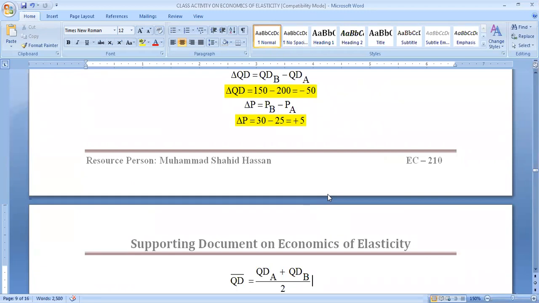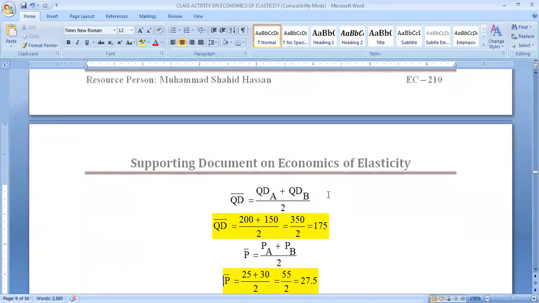Now let's move towards the third component, which is QD bar, and it equals QD at point A plus QD at point B, the sum divided upon 2. Quantity demanded at point A is given 200. Quantity demanded at point B is given 150. The sum equals 350 and it is divided upon 2 to obtain 175.